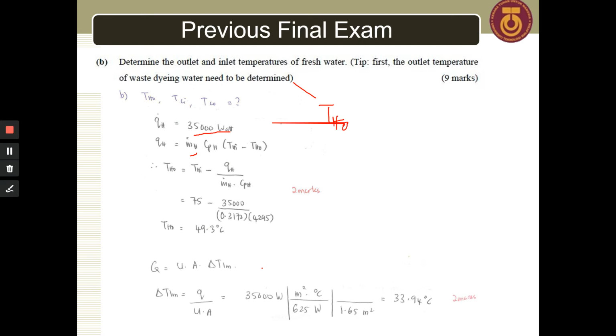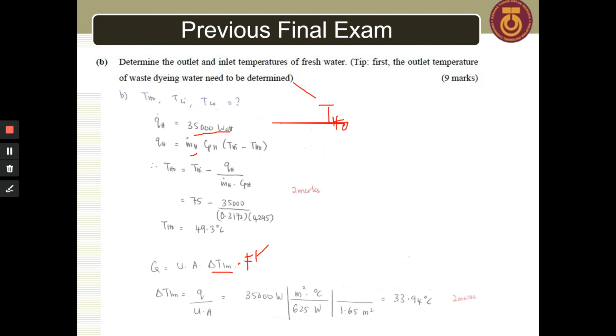So to calculate the TCI and TC out, first of all, you can use this method or you can find another method which you find easier. You know that the delta T log mean here and the F value is actually 1 because this is a double pipe heat exchanger.